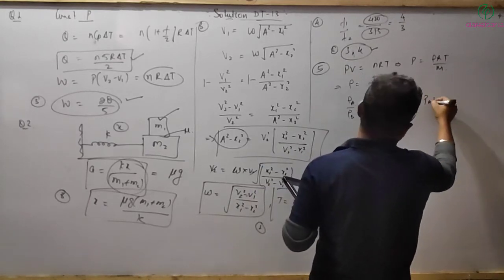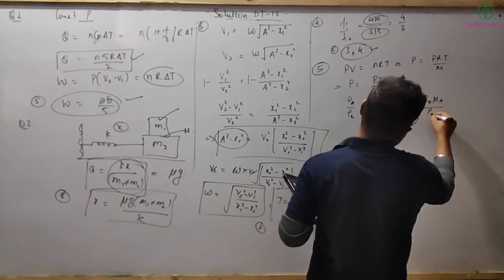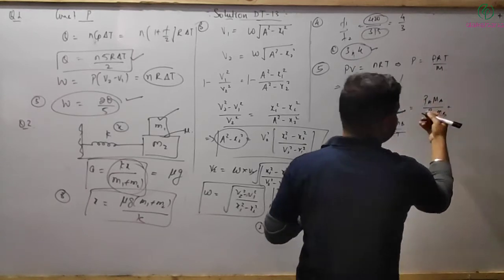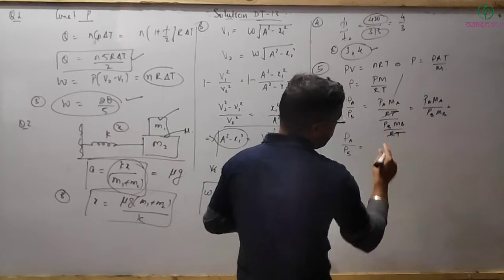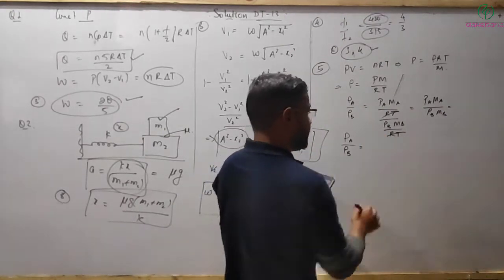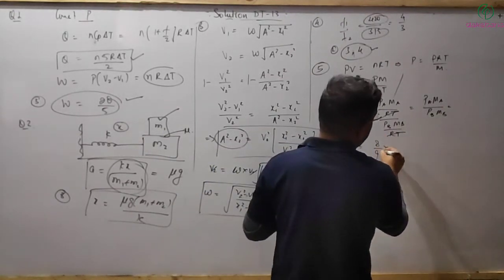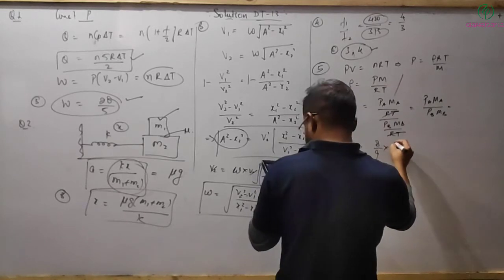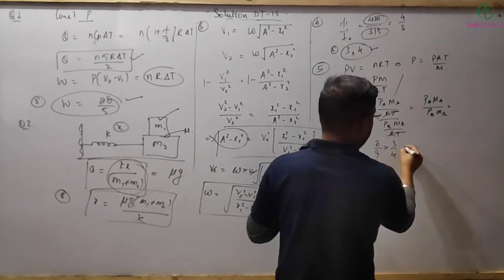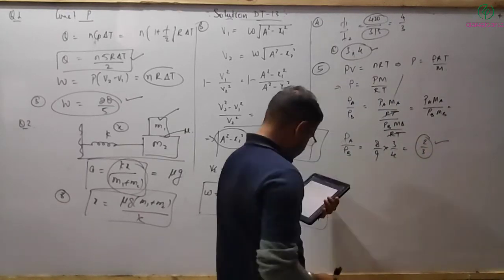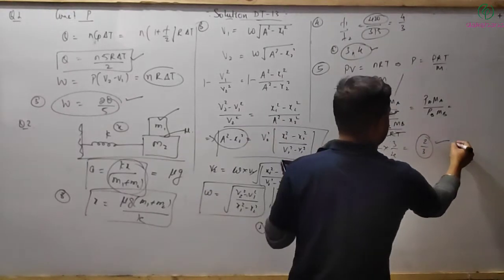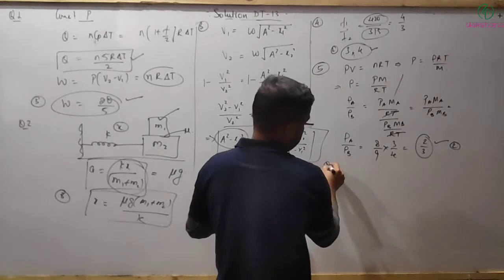So rho A divided by rho B is equal to PA by PB, given as 8 by 9, times MA by MB, given as 3 by 4, and this is coming out to be 2 by 3. This is the answer, 2:3, matching with option number 2. Next, question number 6.